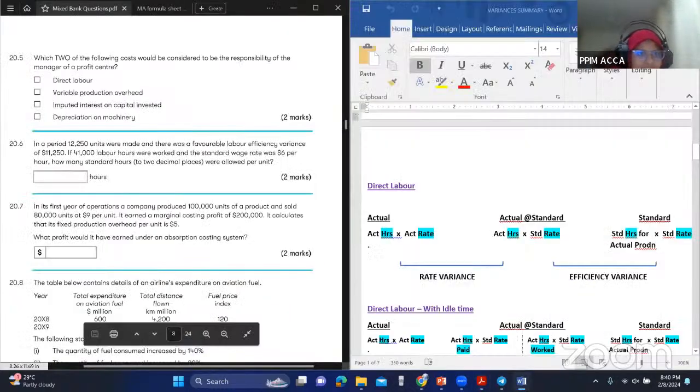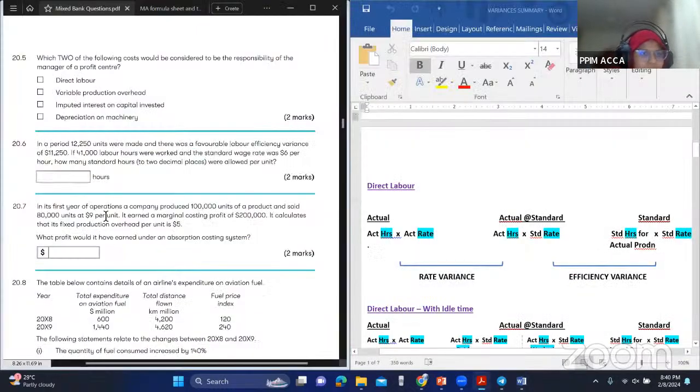So let's see what it says here. They are talking about a labor efficiency variance. They're saying 12,250 units were made and there was a favorable labor efficiency variance of 11,250. So this efficiency variance, they have already calculated it for us.